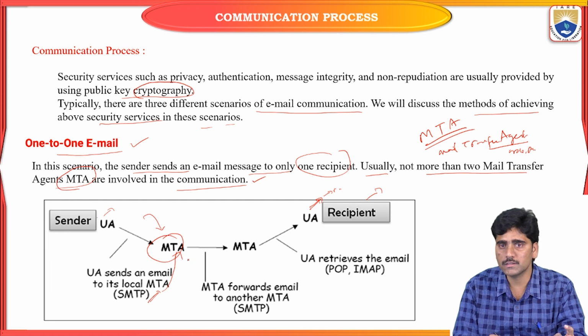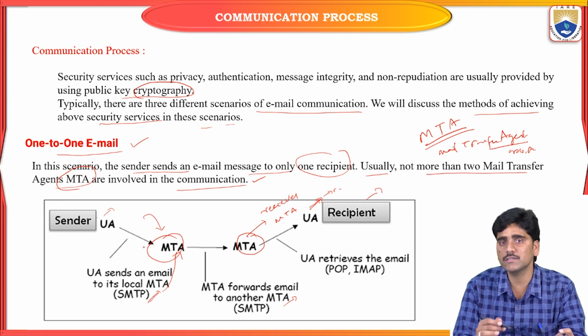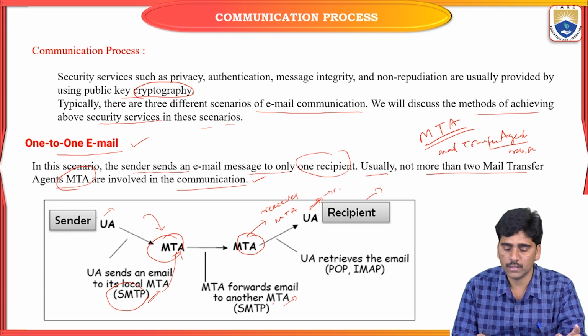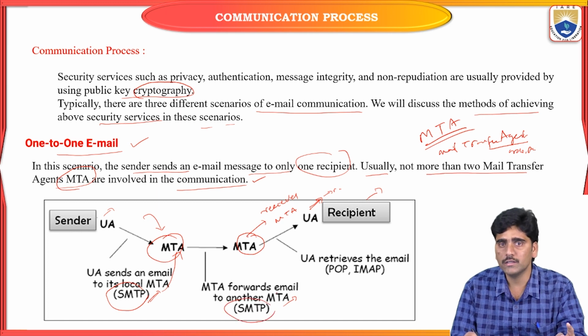This sender MTA forwards the email to another MTA, which is the receiver mail transfer agent. So on both sides, the SMTP protocol is acting as a mail transfer agent.